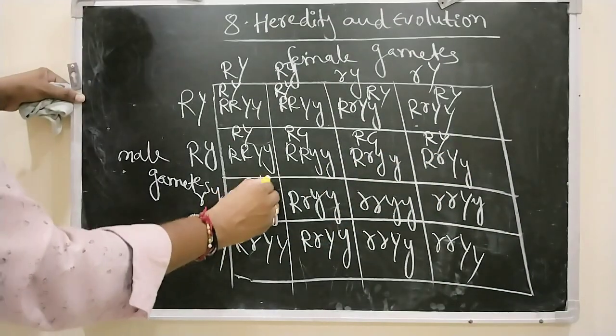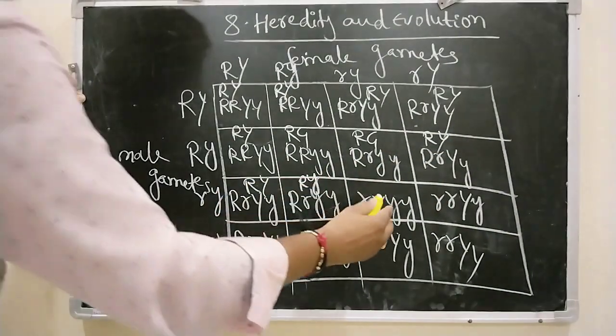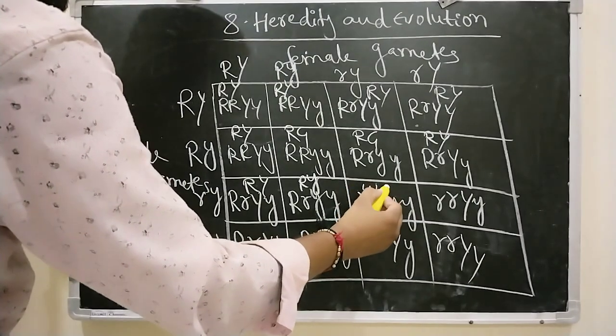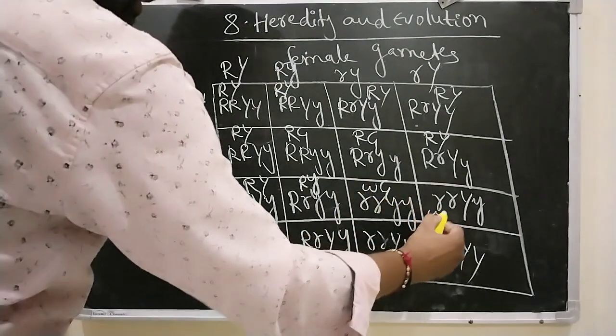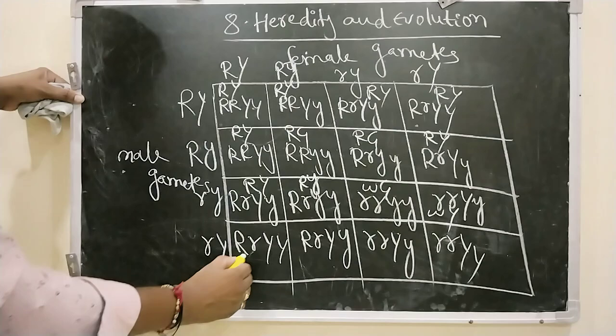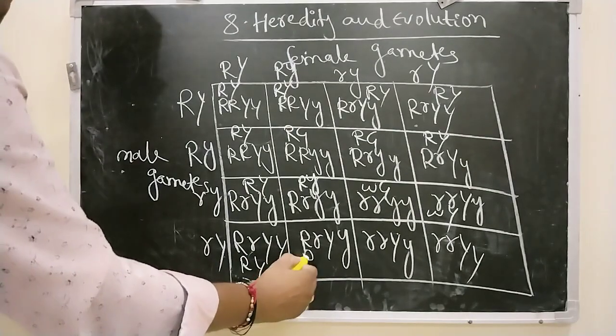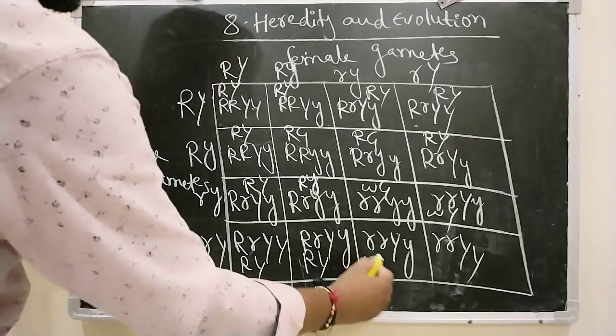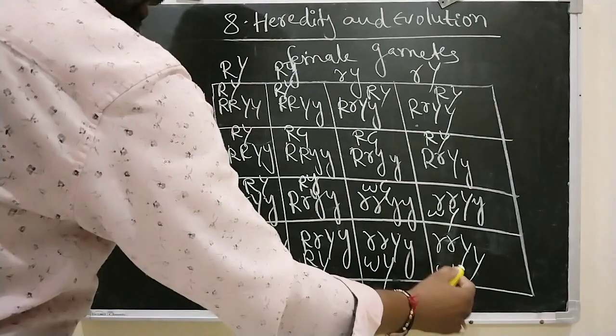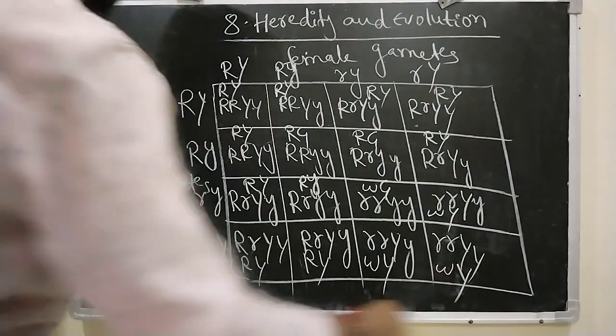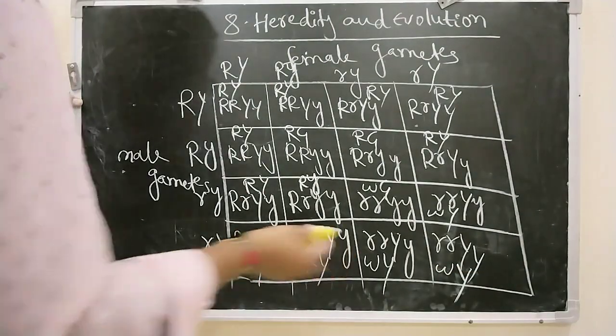Next round yellow, round green. Next wrinkled green, wrinkled yellow, round yellow, wrinkled yellow, right?